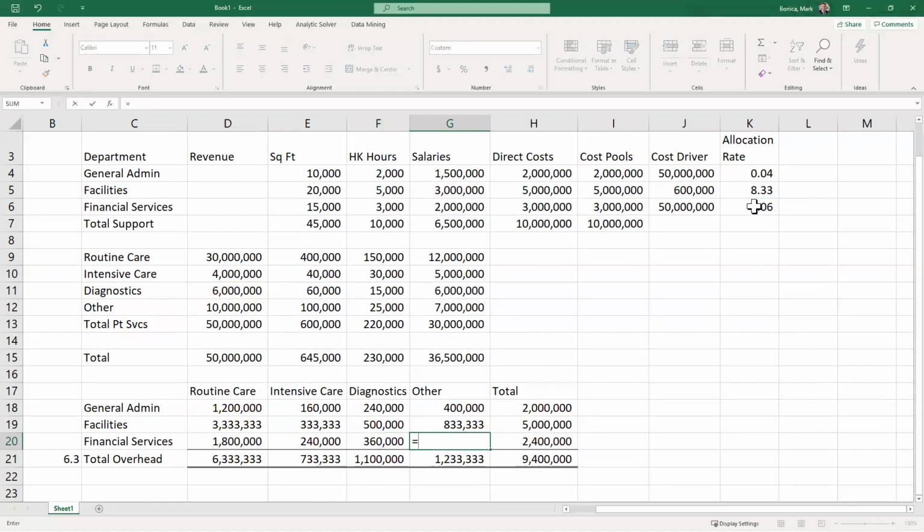And then finally, 6 cents per dollar times the $10 million in revenues gives us 600,000. We add up the row, it adds up to 3 million, which matches the cost pool for financial services. Okay, so that is part B. So that finishes 6.3.